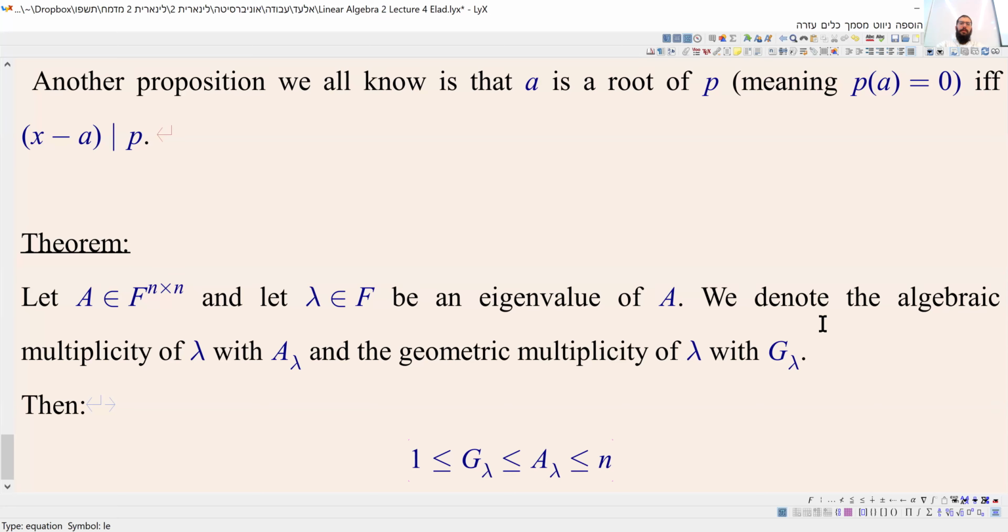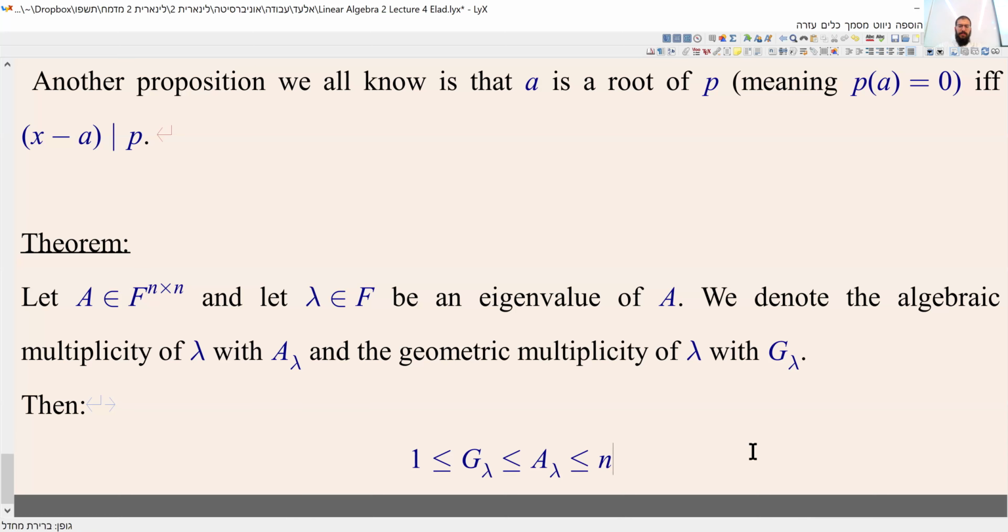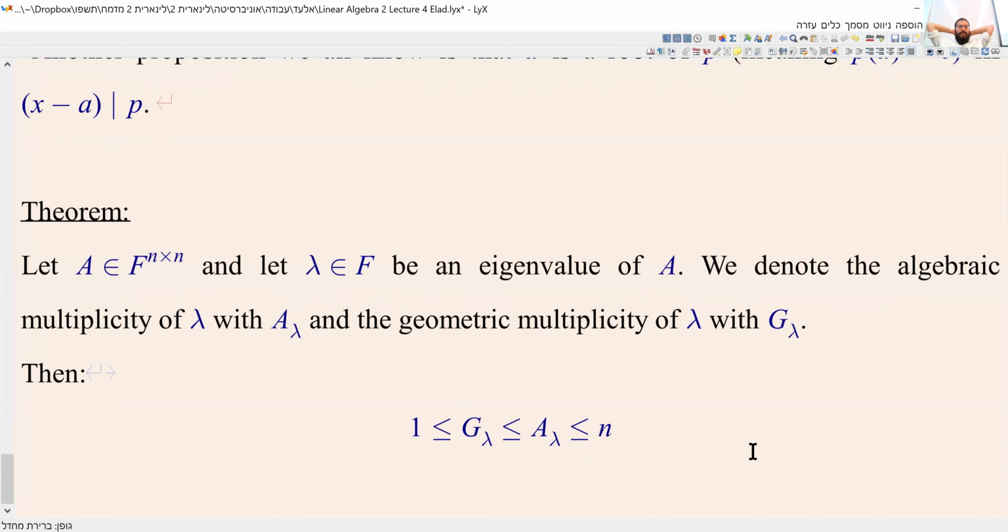In our example, they were both 2 for the eigenvalue 0, and they were both 1 for the eigenvalue 15. Generally speaking, the algebraic multiplicity of an eigenvalue can be greater than the geometric multiplicity, but not vice versa. This is what I state here.